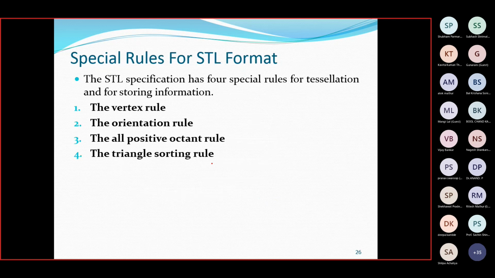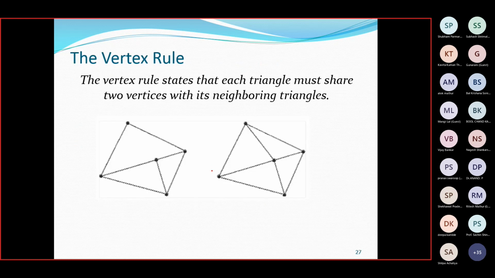So let's see what those rules are. The vertex rule states that each triangle must share two vertices with its neighboring triangle. So two vertices of the neighboring triangle should be shared. You can easily say, sir, this is also one triangle, this is another triangle, this is a square I have divided into three triangles. What's the problem? The problem is the vertex rule.